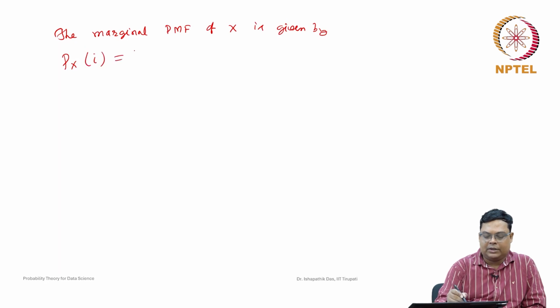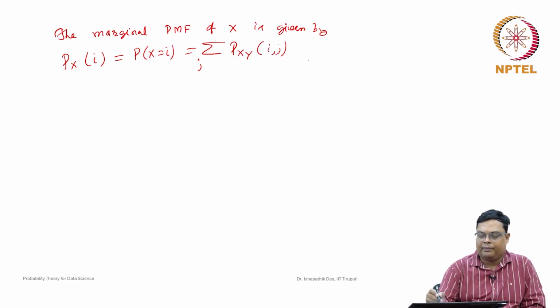The marginal probability mass function of X is given by P_X of, suppose, i. This is nothing but the probability that X is equal to i. We know this formula is P_XY of i comma j.